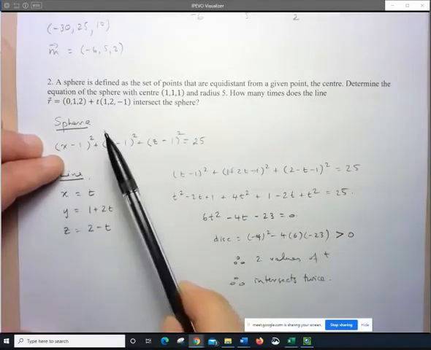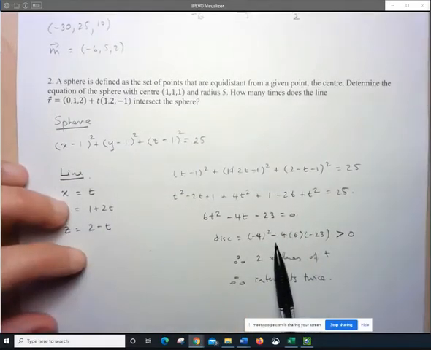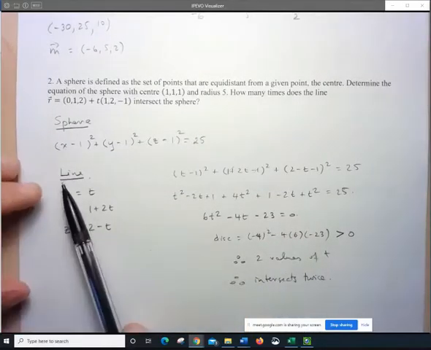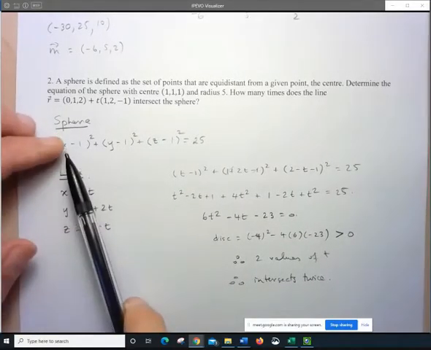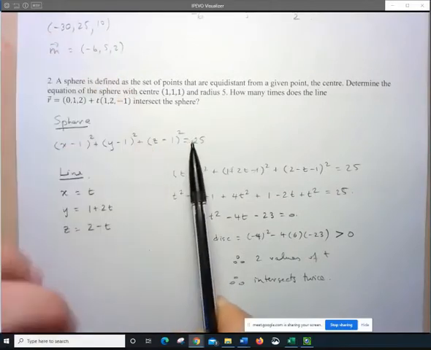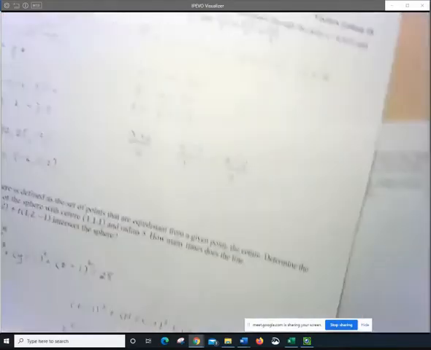These 2 equations will share those 2 points, because these 2 values of t were gotten by assuming that the x, y, and z from the line are the same as the x, y, and z that appear on the sphere. Does that make sense? Great.